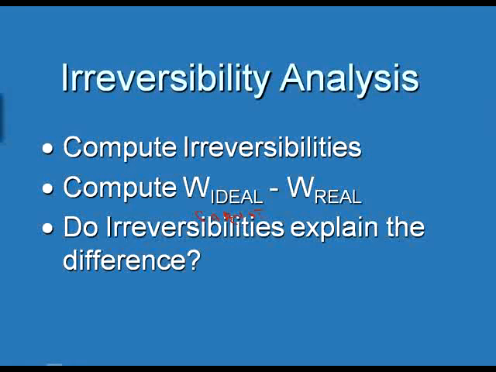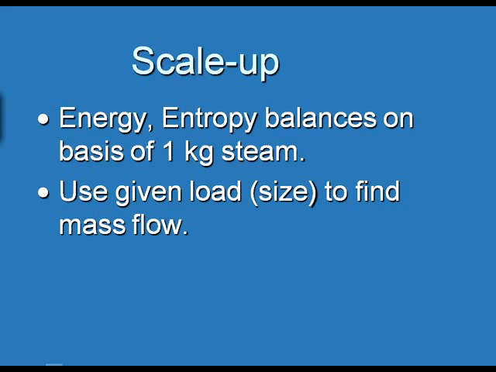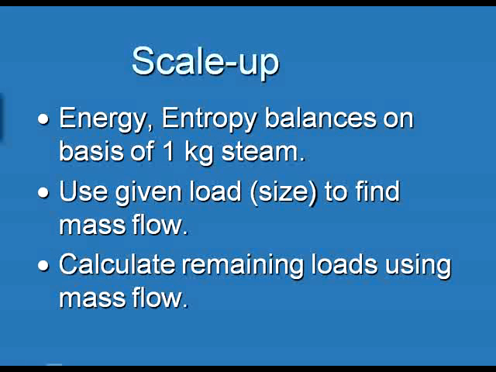And we asked if the irreversibilities explained the difference. In this case, there was a difference of 38, and that was accounted for by the potential left in the cooling water. If we go to scale up, we looked at the energy and entropy balances based on 1 kilogram of steam, and then used the given load, the 150 megawatts, to find the mass flow, and scaled all the remaining flows according to that.